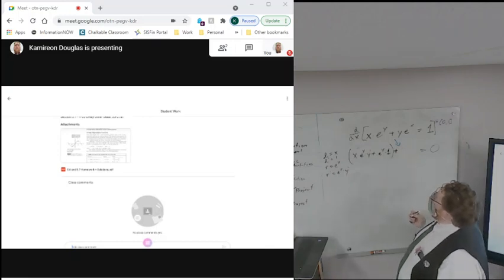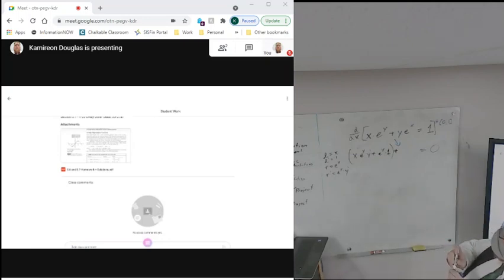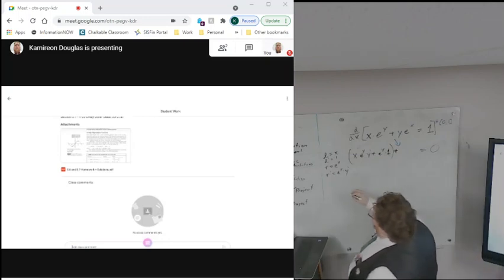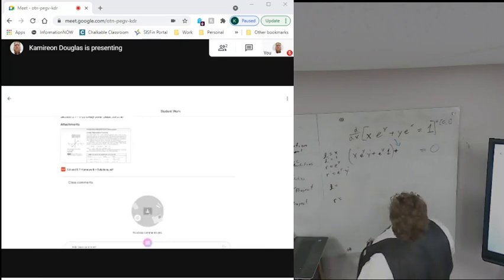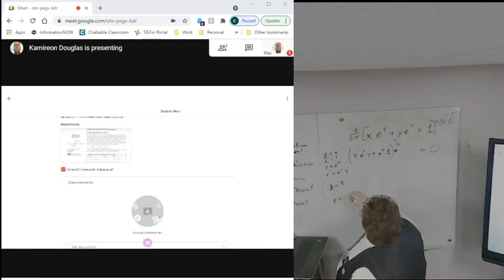Plus the second piece. Now for my second piece, I have different pieces. But it's still a product, so I'm going to do the same basic format, left and right. My left piece is y. My right piece is e to the x. Which means my left prime is y prime. My right piece prime is e to the x.